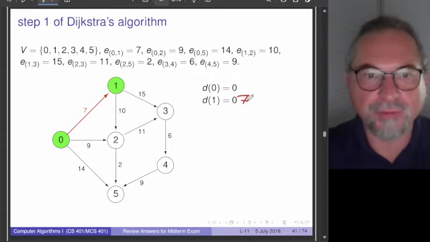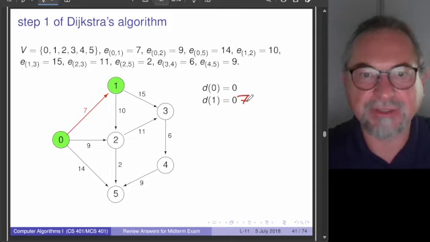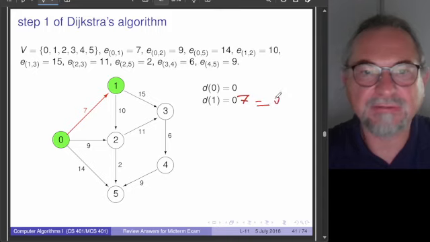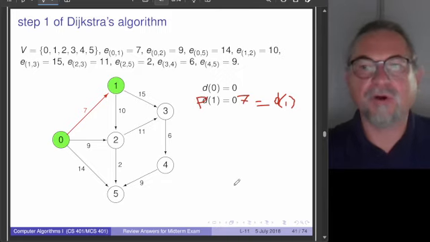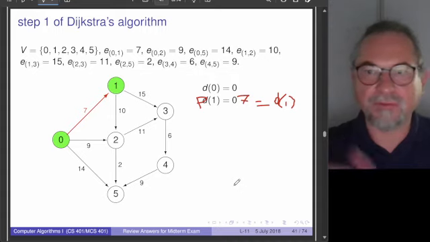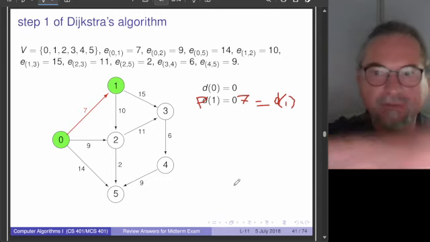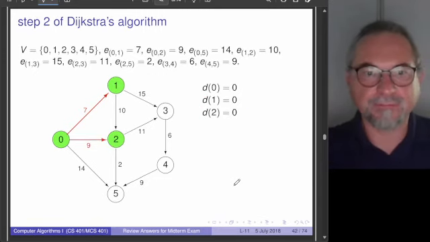We are also computing the predecessors. So this would be the distance from 0 to 1, and you could also say that this is the predecessor. On the shortest path from 0 to 1, the predecessor of 1 is 0.